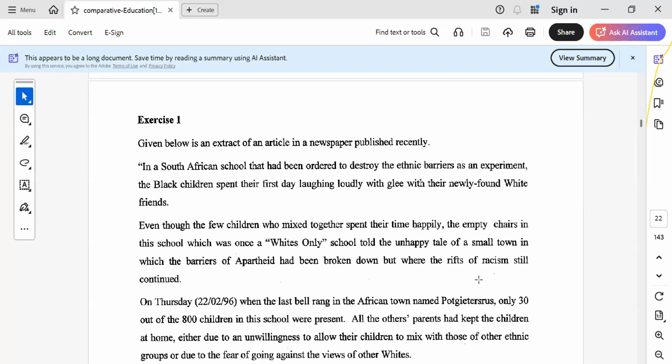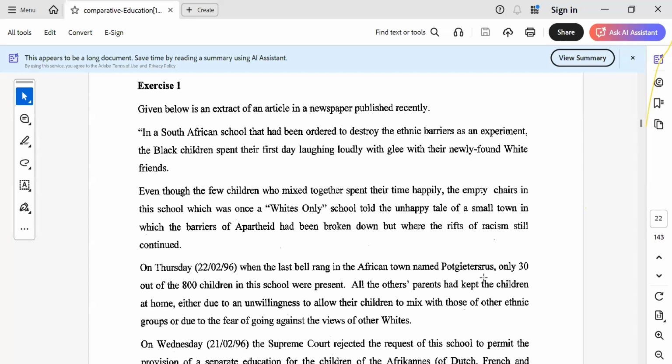So please read this article. This is exercise 1. Read this article. Given below is an extract of an article in a newspaper published recently.